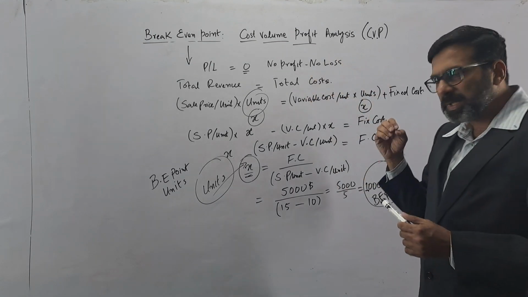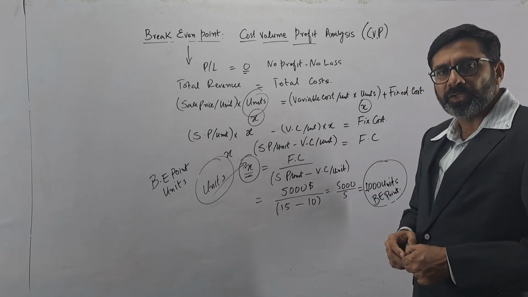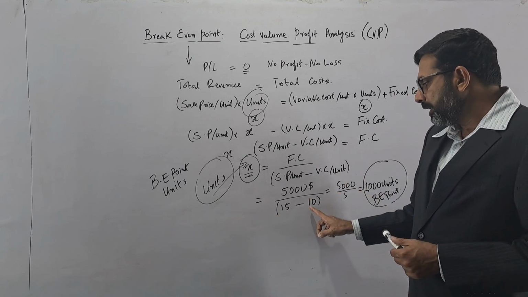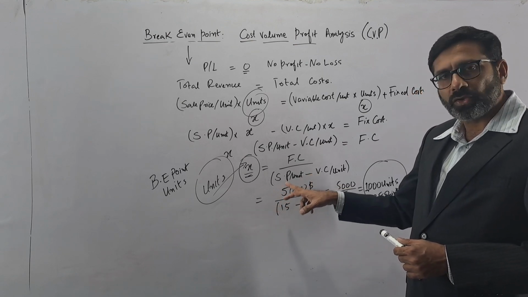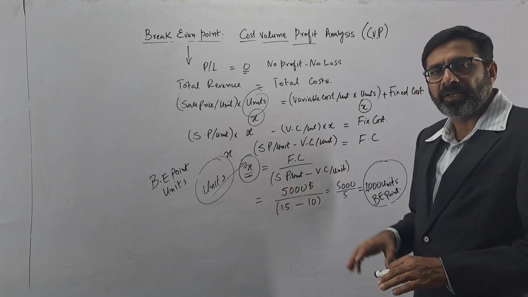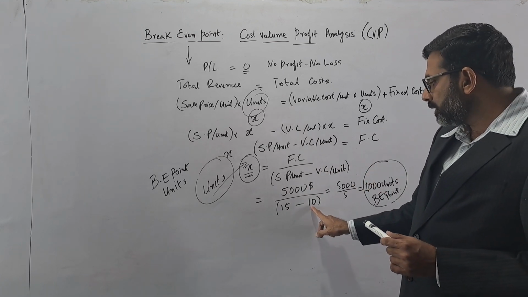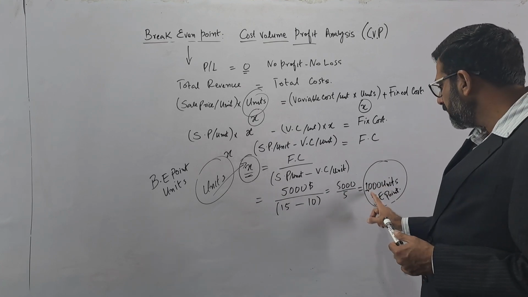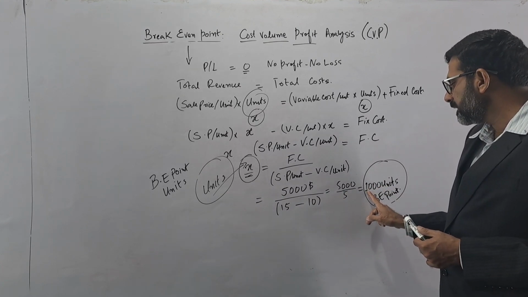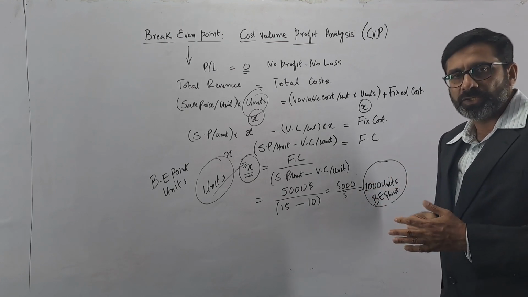So for any specific company, if they are selling a product at $15 per unit, the fixed cost is a total of $5,000 for that specific period, and the variable cost per unit is $10. So how many units do they have to sell to achieve the break-even point? They have to sell 1,000 units. If they sell that, they will be in a no profit, no loss situation.